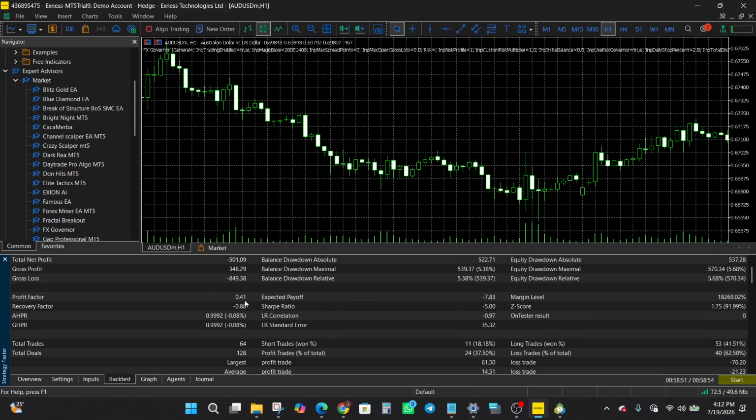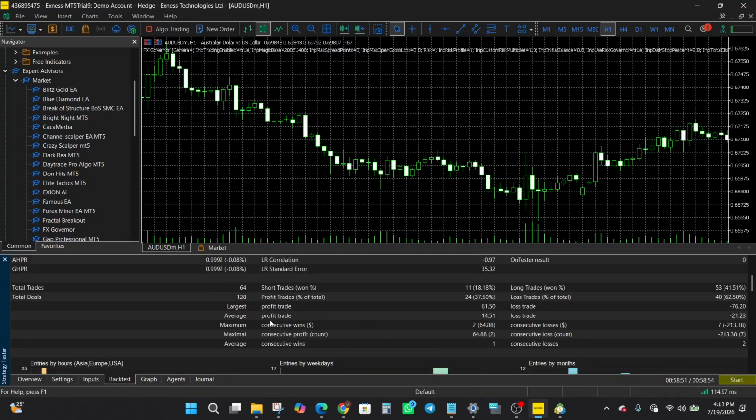So the profit factor came in at 0.41 and the expected payoff per trade was negative. I would recommend testing this across a longer period yourself and specifically experimenting with the different risk profile settings, since this test used one particular configuration out of several available.